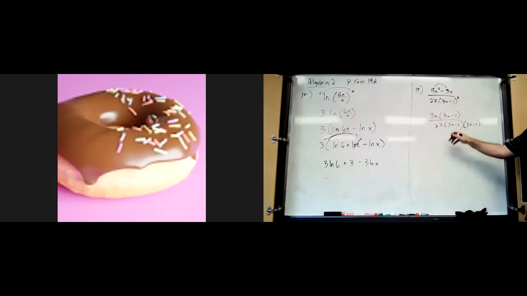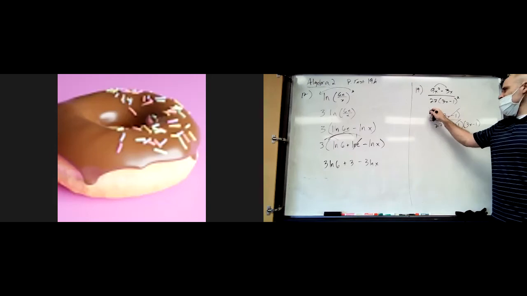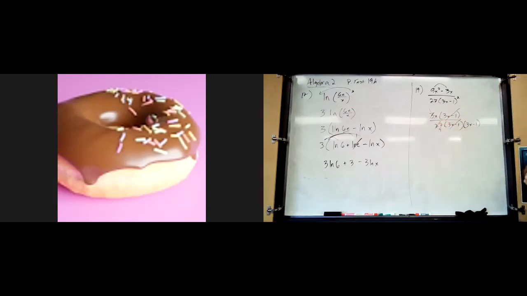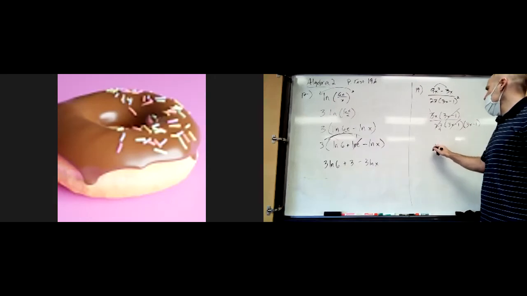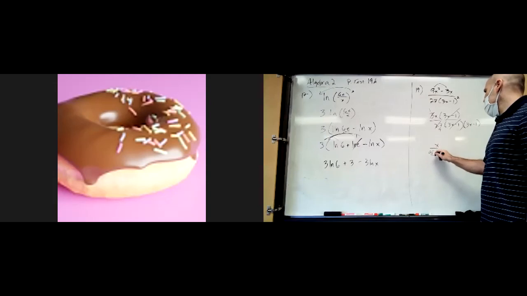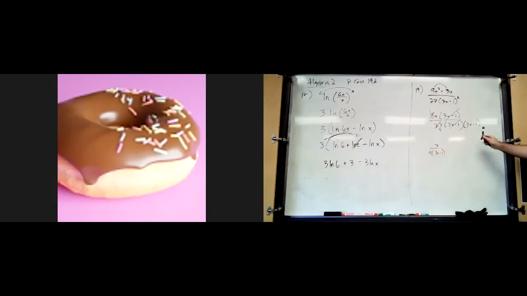Now these would cancel, and this 3 would cancel with the 27, making it 1/9. So your simplified answer would be x over 9 times 3x minus 1. But before you cancel, you have to consider any excluded values.